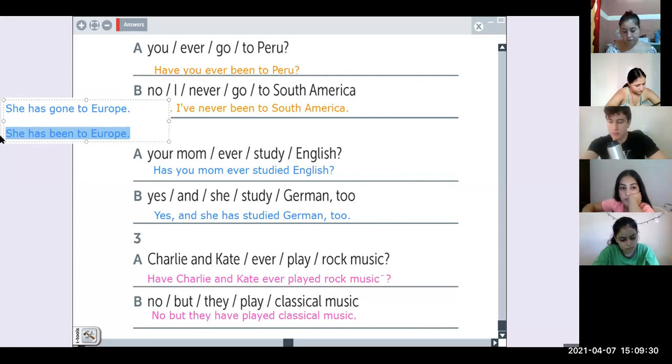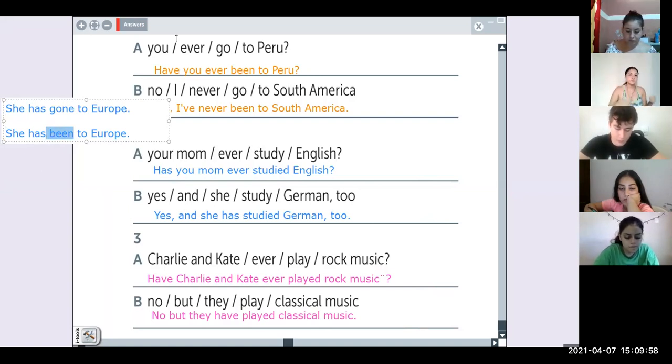En algún tiempo en el pasado, ella fue. Puede ser el año pasado o hace 3 años. Entonces, ella fue, pero ya volvió, ya está en Bolivia. ¿Ok? Y como dice en el libro, cuando hablamos de experiencias pasadas, algo que experimentamos, pero ya se acabó, nosotros utilizamos been. ¿Ok? Cuando hablamos de experiencias pasadas. No sé si le quedó un poco más claro.